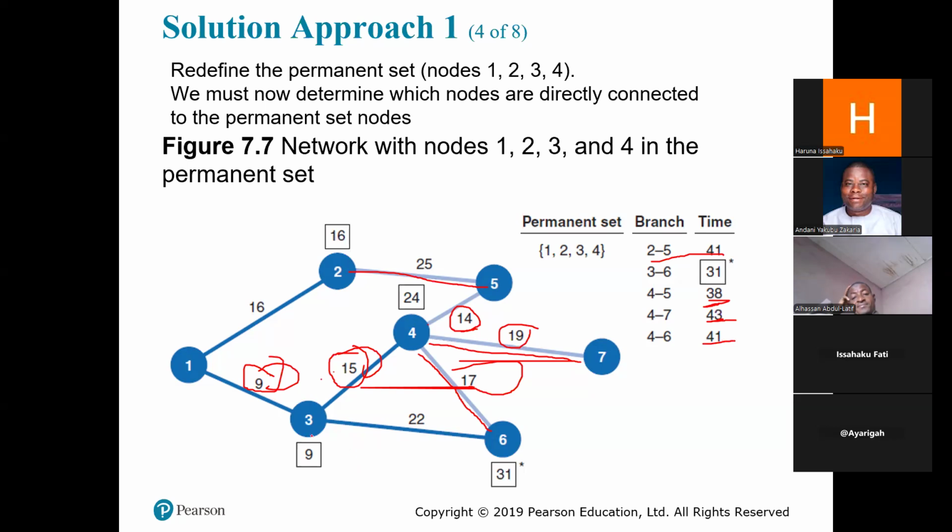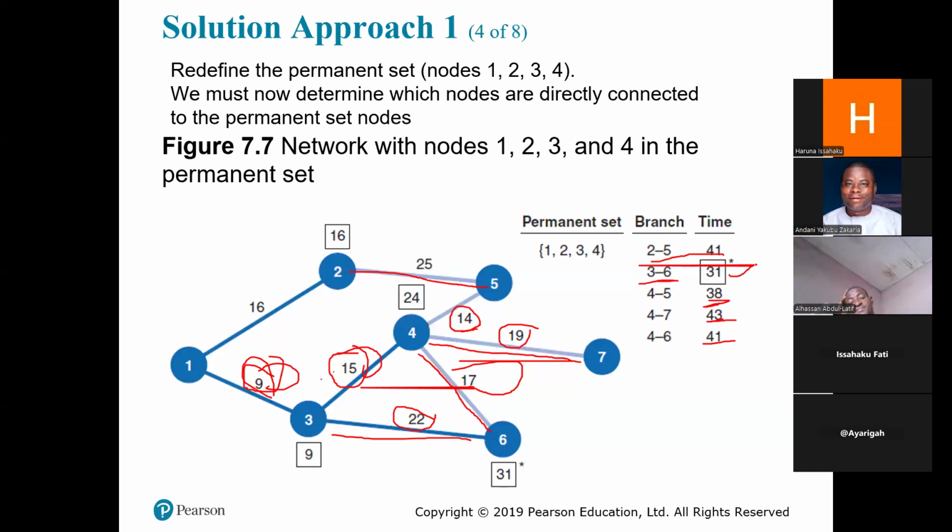Then we also have from 3 to 6, which will give us 9 plus 22, which is equal to 31.